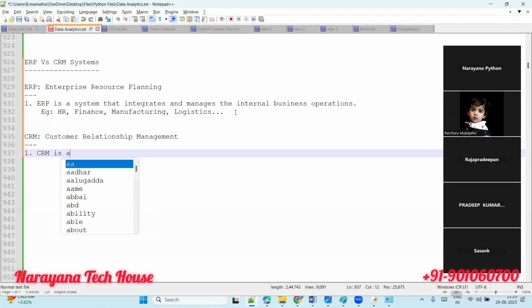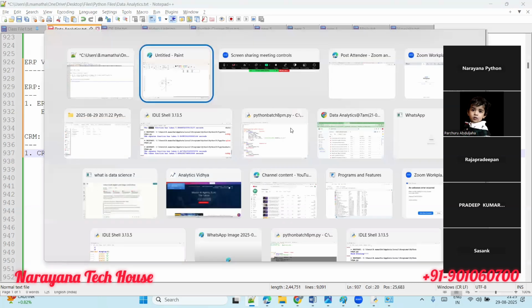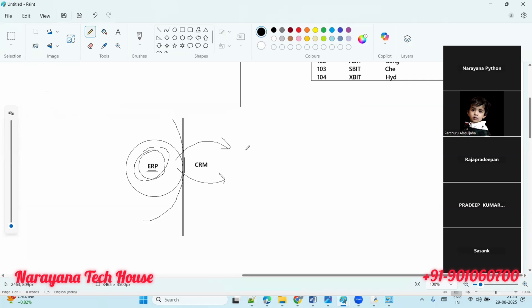CRM is also a system, guys. But this system allows the interactions with customers. Suppose this is one customer here, right? Customers are there.